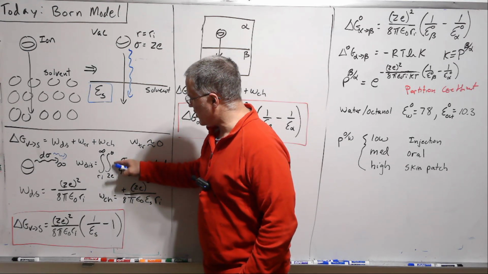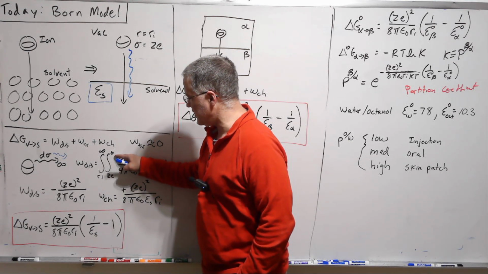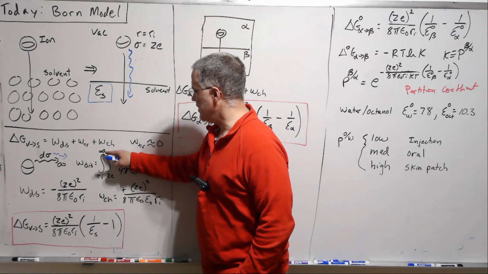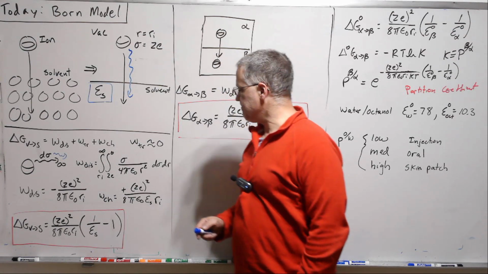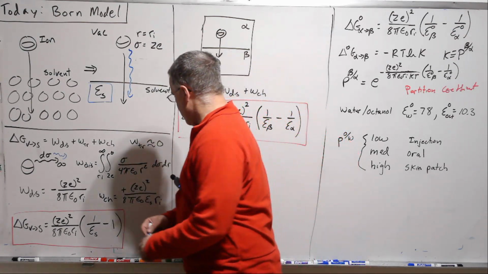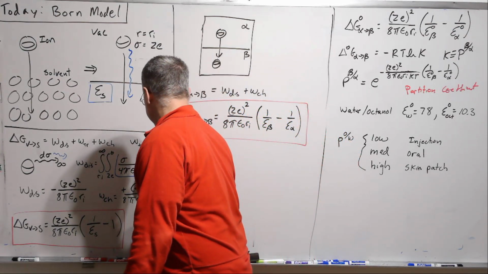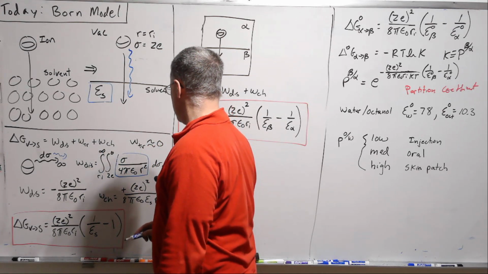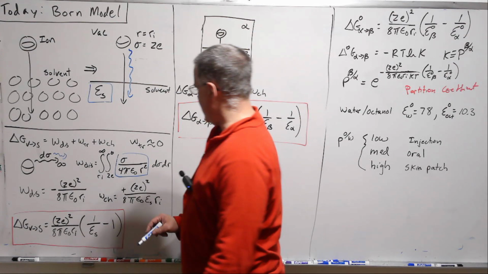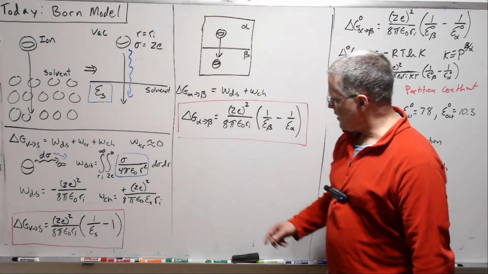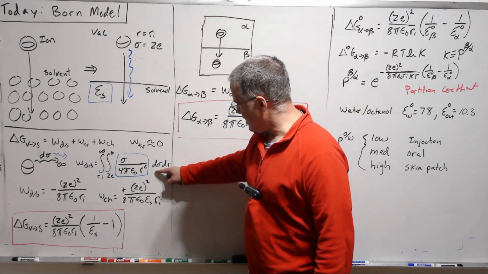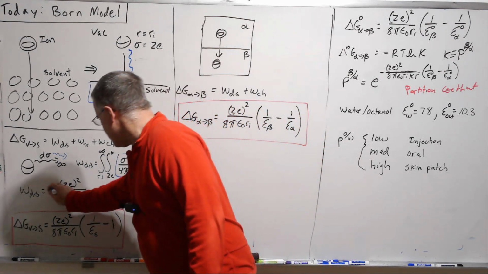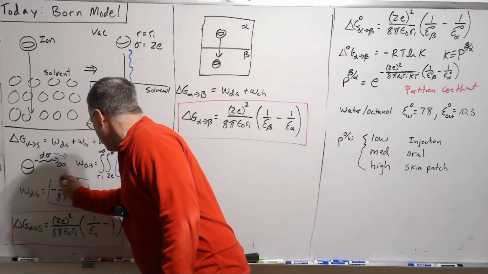So we're going to drain the charge from Ze down to 0, and we're pulling it from the radius of the sphere out to infinity. And this is just Coulomb's law. So right here is just Coulomb's law. When we calculate this work, we get this answer.